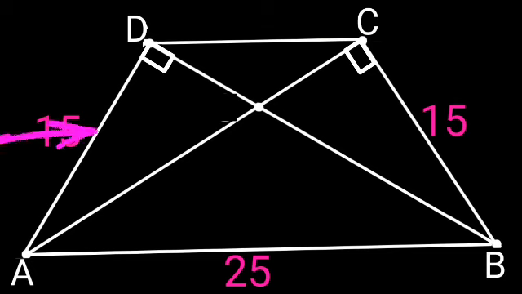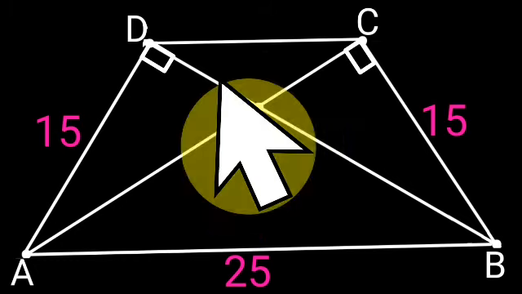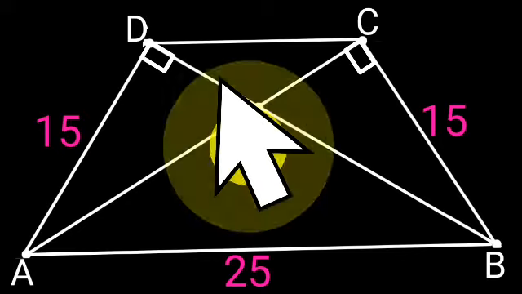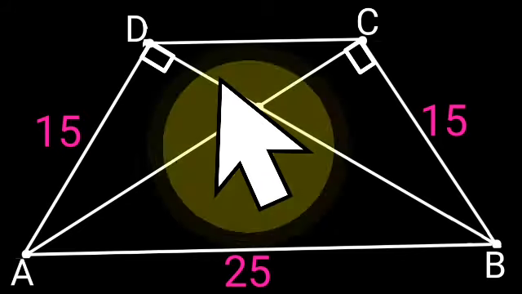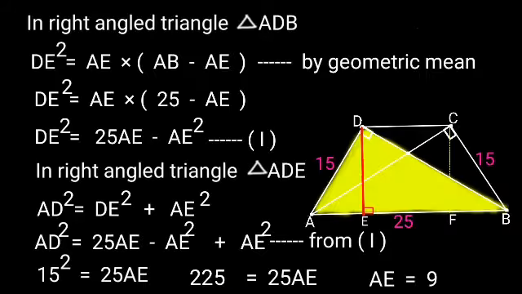AD is given 15, BC is also given 15 and AB is given 25. Then we have to find the area of this trapezium. In right angle triangle ADB, here I highlight this triangle.